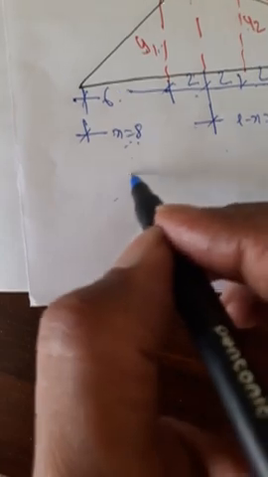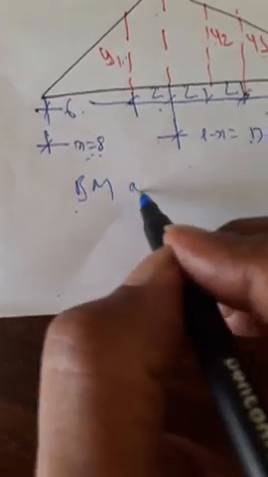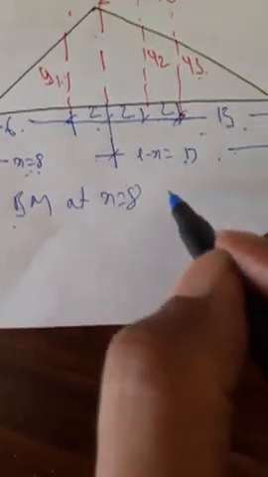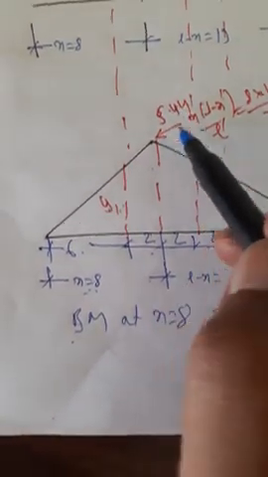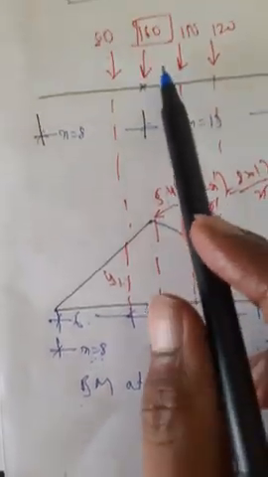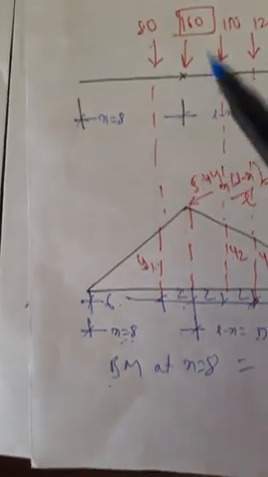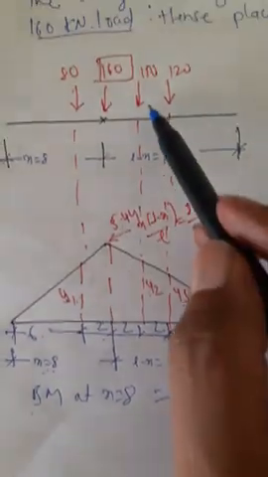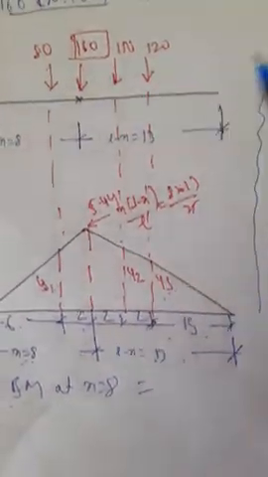Therefore, bending moment at x equal to 8 is equal to this ordinate into this load: 160 into 5.44, y1 into 80, y2 into 150, y3 into 120.